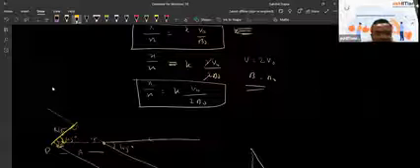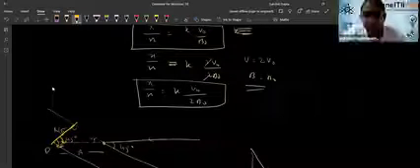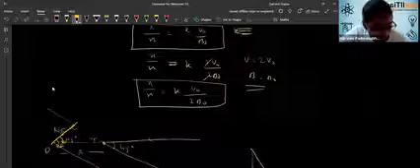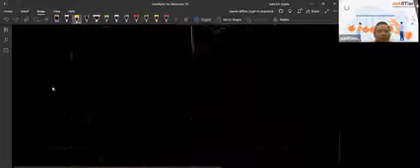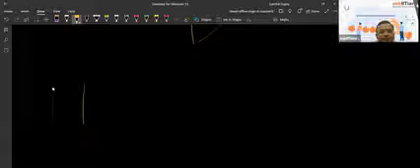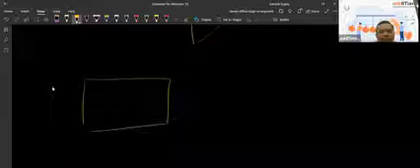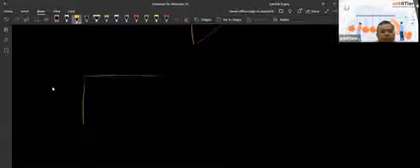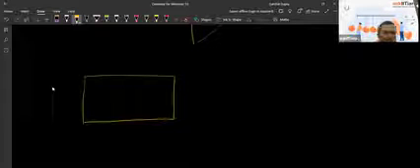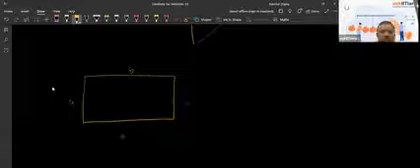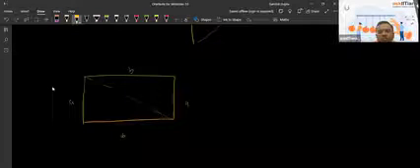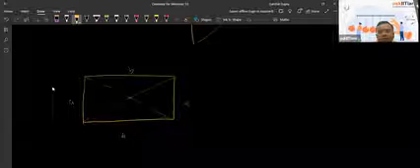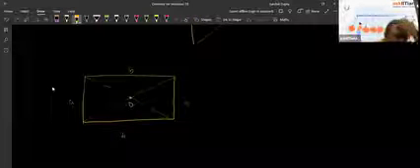Tell me what are you asking? How to find the magnetic field at point O? See, this is A, this is B, this is B, and this is A. This is point O, and we have to find the magnetic field.